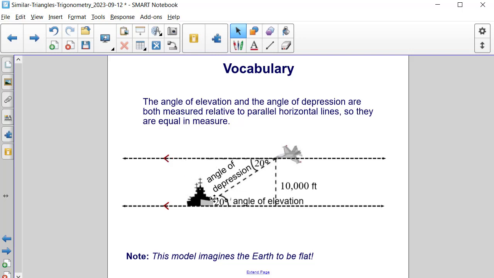And because both lines of sight are horizontal to one another, creating parallel lines and alternate interior angles, the angle of depression and the angle of elevation are equal in measure.